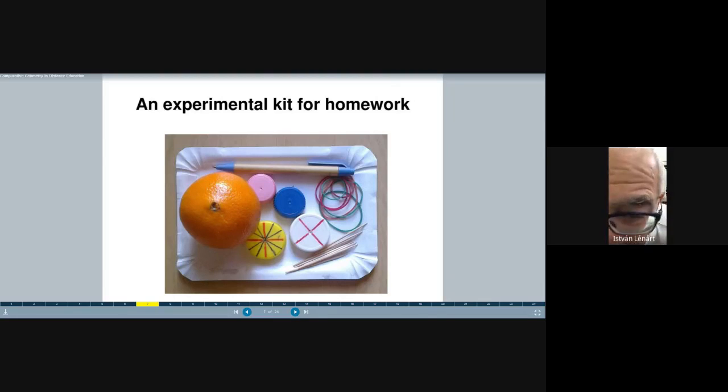Almost spherical orange cups, or plastic bottles. They are very, very good, for example, for making a homemade protractor for the kids. The rubber bands are very, very good for making straight lines on the sphere. If you put one all around the sphere, it will show spherical straight lines.